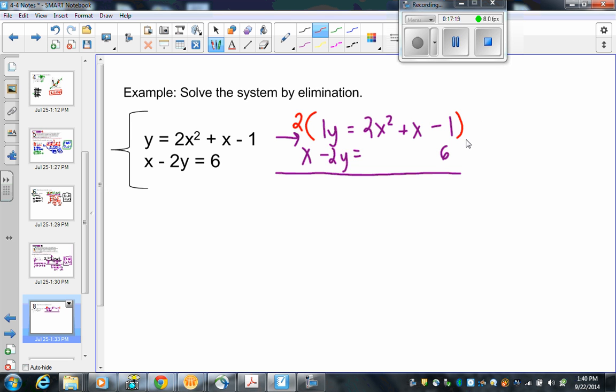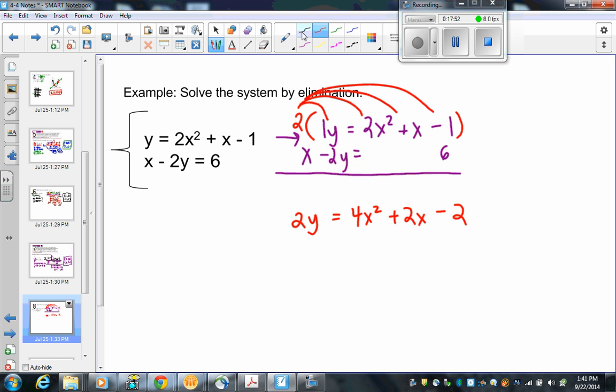So basically, I'm just going to rewrite this whole equation set again. So we would have 2y equals 2x squared plus 2x, oops, forgot to distribute. 2 gets multiplied by each piece. So that would be 2y equals 4x squared plus 2x minus 2.